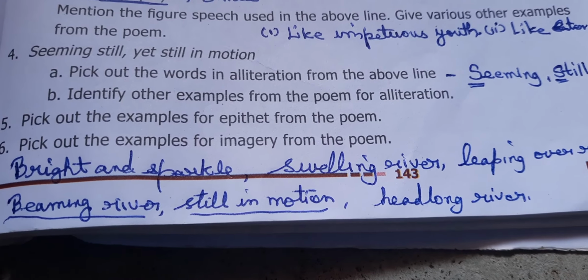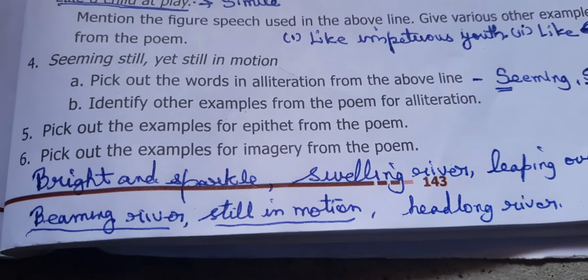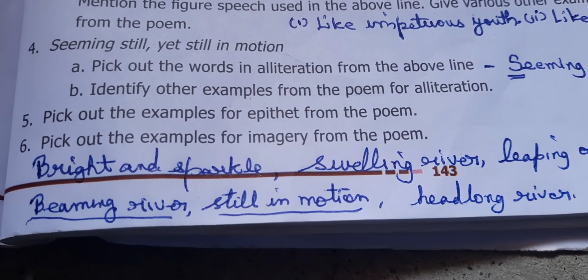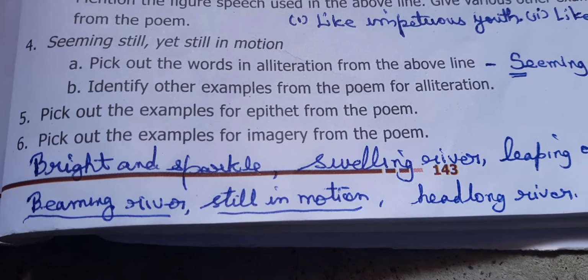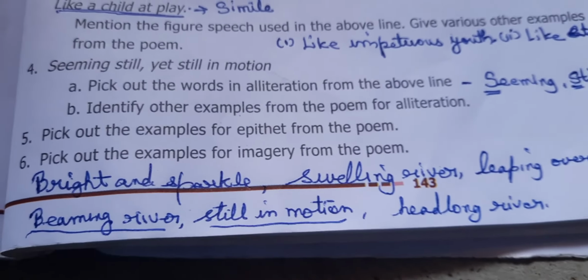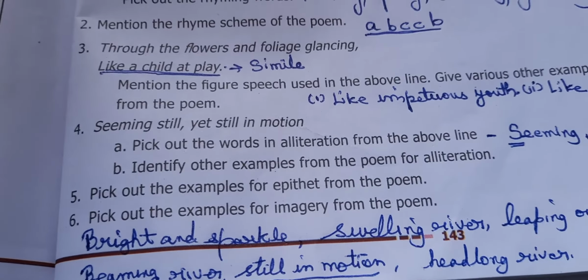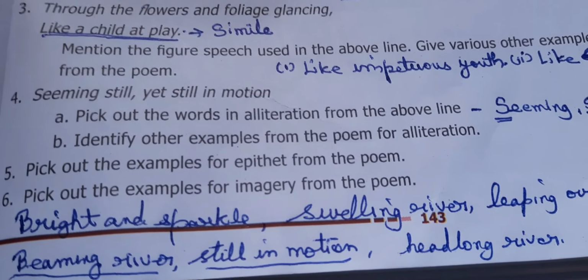Other than these 5 letters, all the sounds of the alphabets in English are called as consonant sounds. Pa, ma, ya, ra, la, ta. All these are called as consonant sounds. The repetition of the consonant sound in one poetic line is called as alliteration.